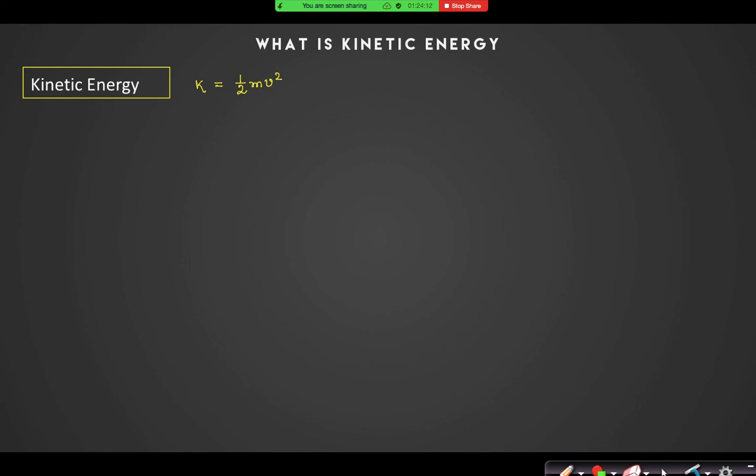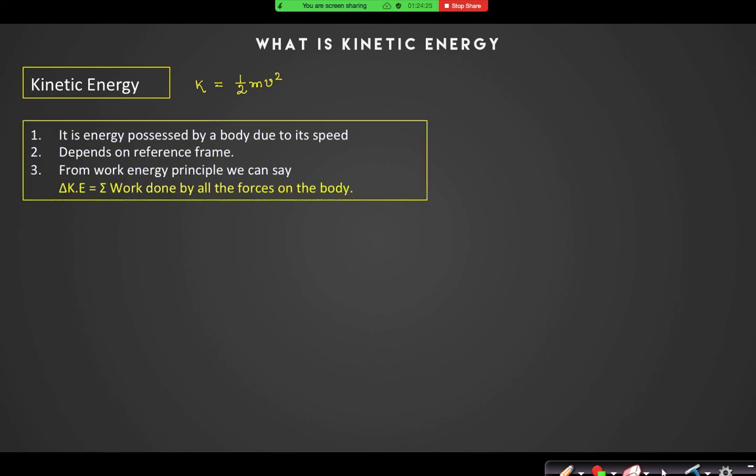Now, what is kinetic energy? I can say that kinetic energy is energy due to its speed. More the speed of the body, more will be its kinetic energy. So there are few properties that we need to understand about kinetic energy. First thing, it is energy due to speed. Second thing, it also depends on the reference frame.